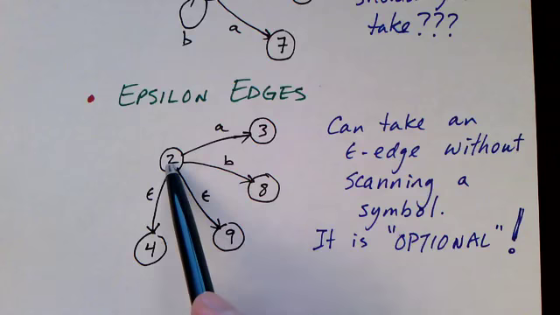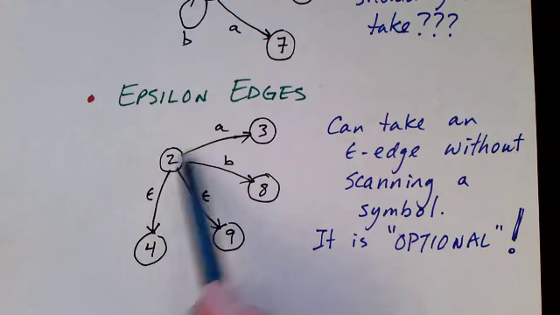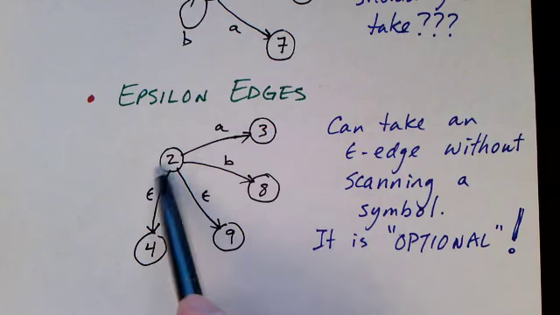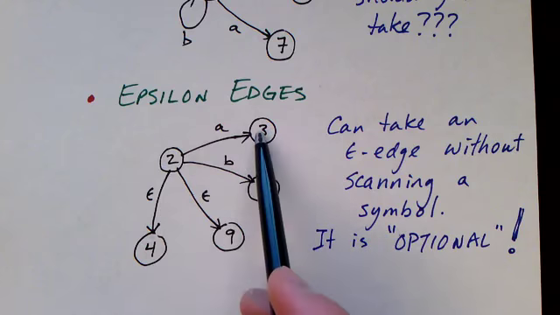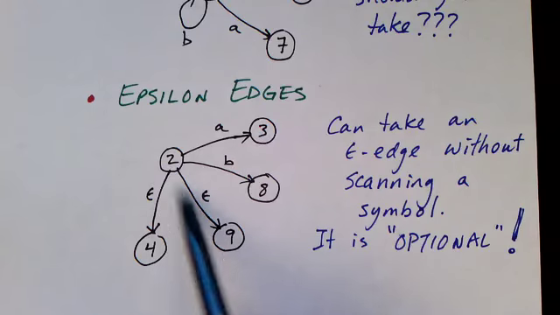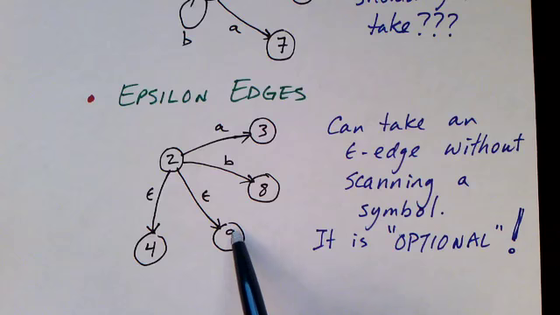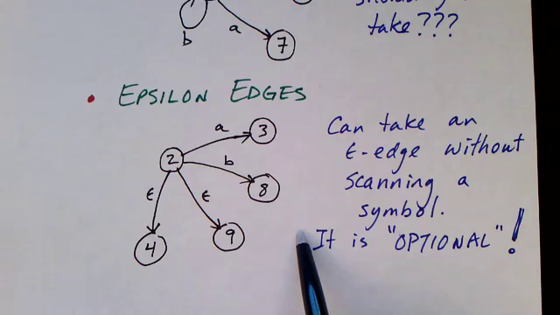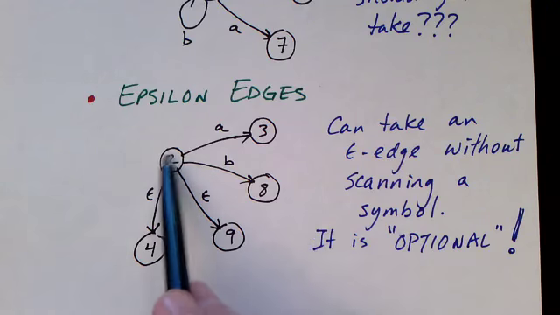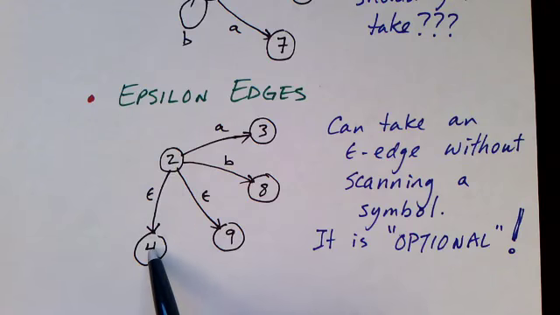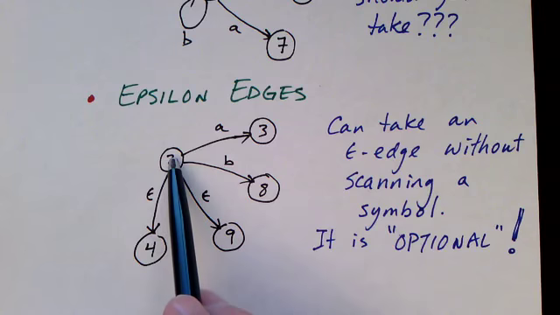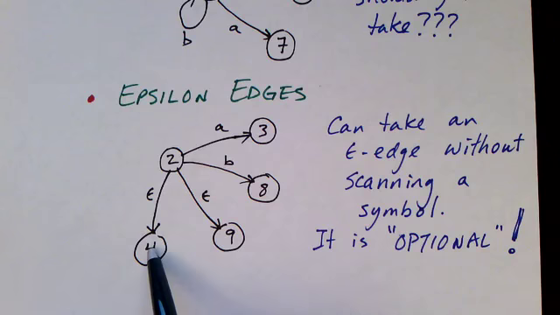So if we're in state 2 and we're looking at an A, we can go to state 3 and scan the A. But we can also go to state 9 and not scan the A. And then maybe there's a transition from state 9 that tells what we do if we see an A. Likewise, if we could go to state 4, we can take these epsilon edges if we want. If we're in a state with an epsilon edge, we can take that edge without scanning any inputs. It's an optional edge, if you will.